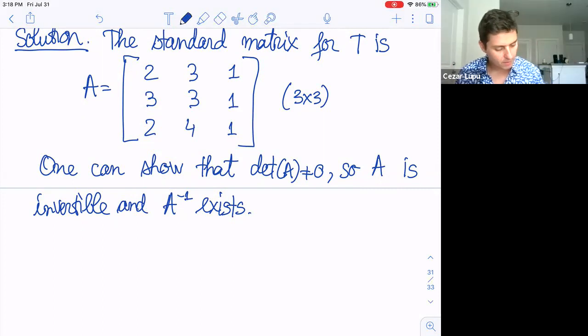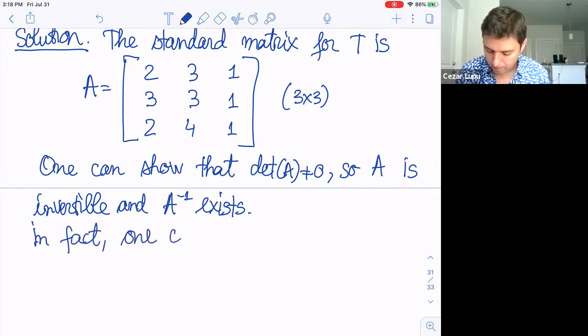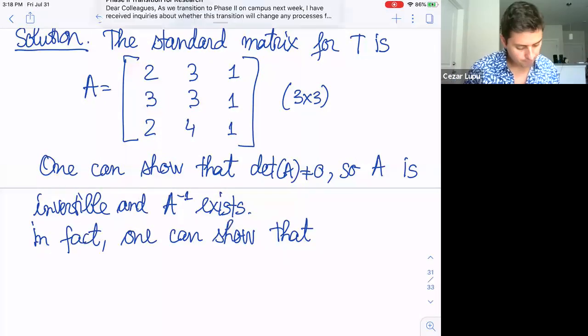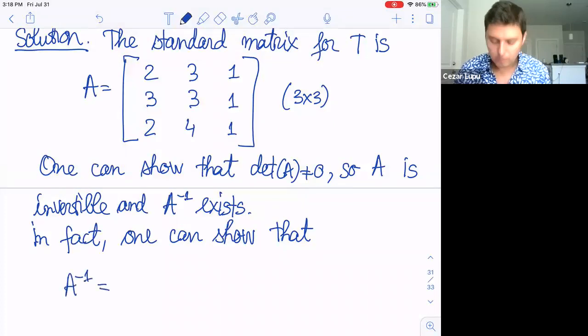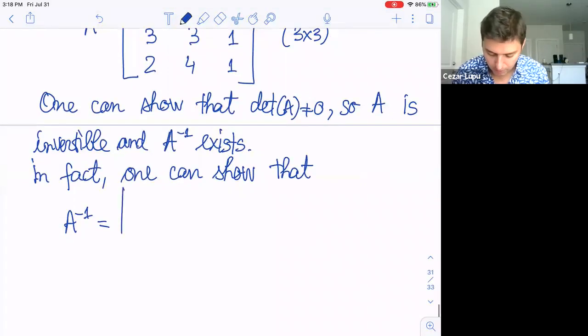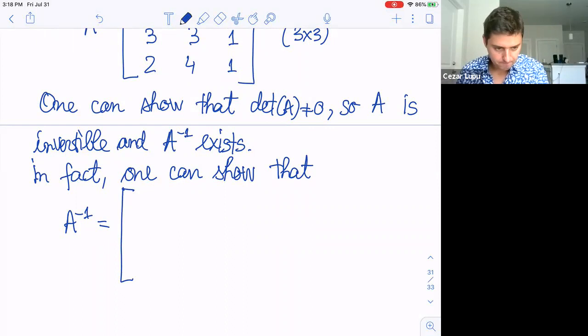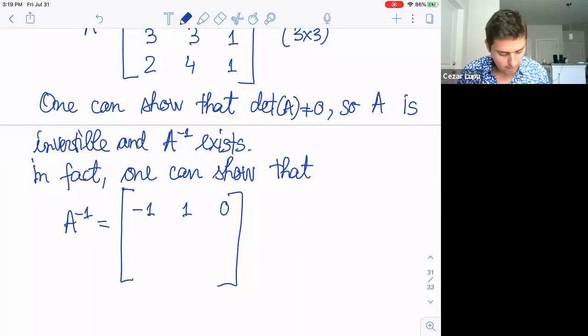One can show that A inverse, and you can do it in many ways, if I'm not mistaken, is -1, 1, 0, -1, 0, 1, and 6, -2, -3.